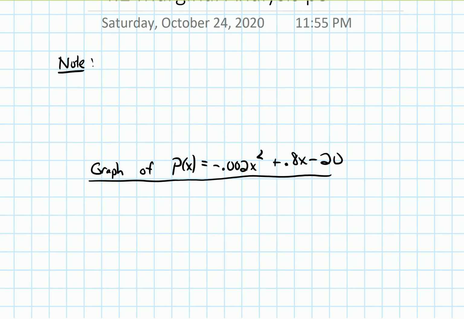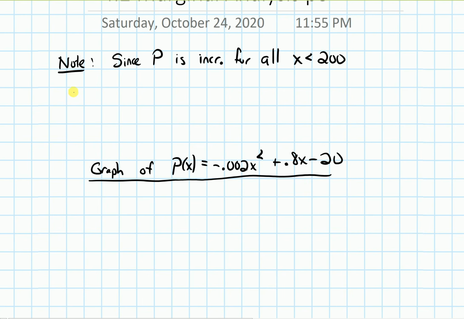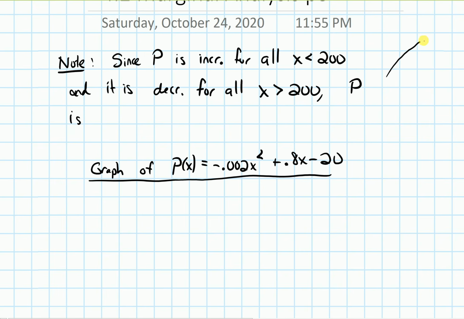All right, so one thing I'm going to note about the example we just did is, since our function p is increasing for all values of x that are less than 200, and it is decreasing for all values of x that are greater than 200, that means, if we think about what that means intuitively about our graph, it's increasing everywhere before 200, and then it's decreasing everywhere after that.